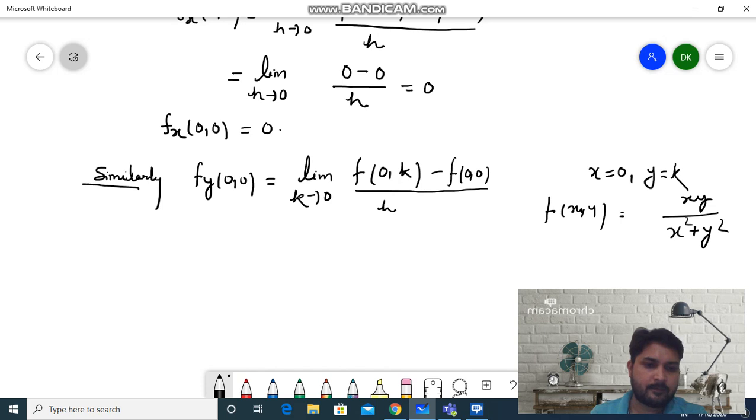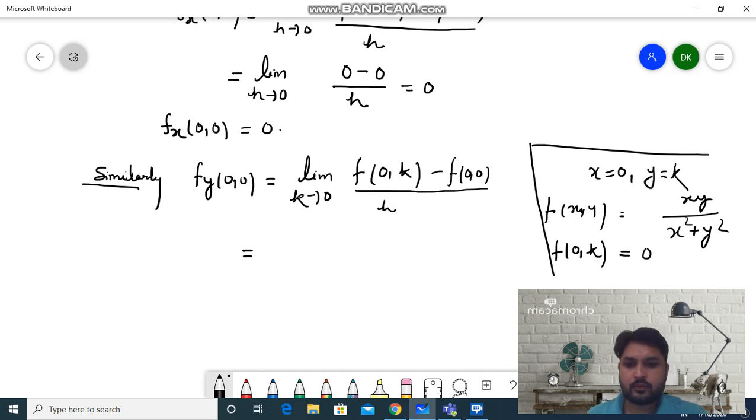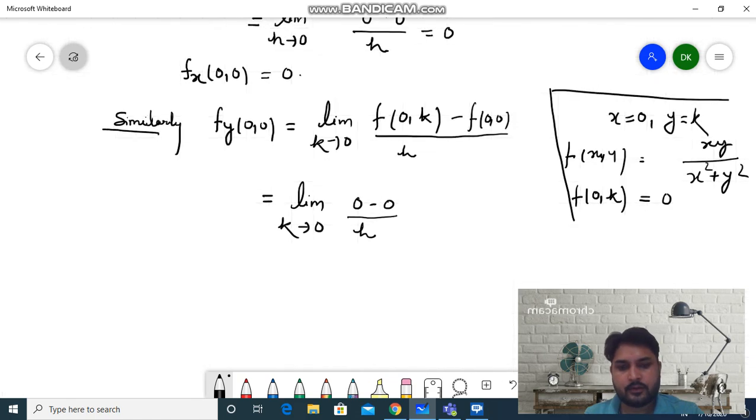So here if we put x equal to 0 and y equal to k, we get f(0, k) equal to 0. So this gives us limit k tends to 0 of 0 minus 0 upon k. After solving this, we get this is equal to 0.